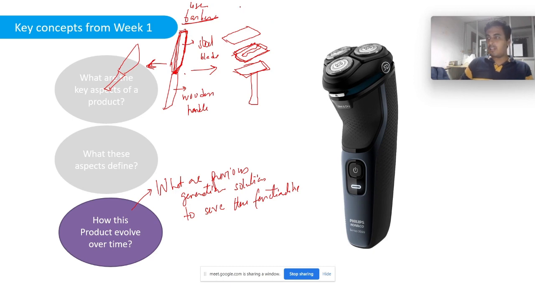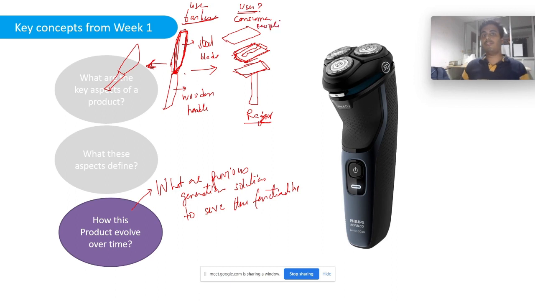Okay, so who is the user here? Can you tell me? Barbers still today use these kinds of shaving blades, but mostly this razor was introduced to people as a consumer product.